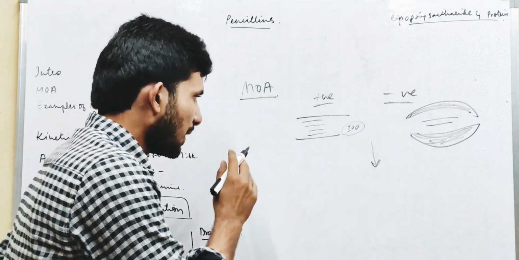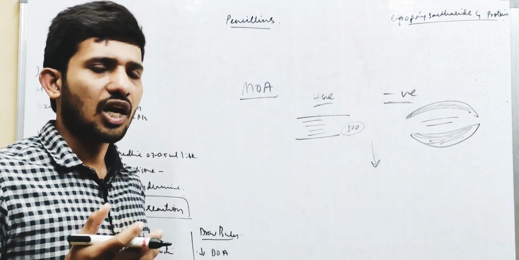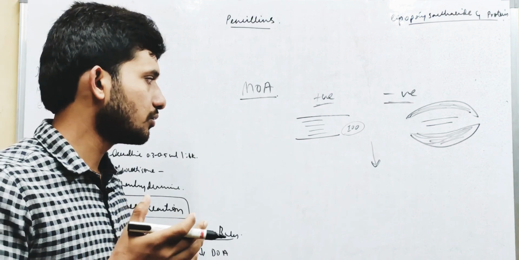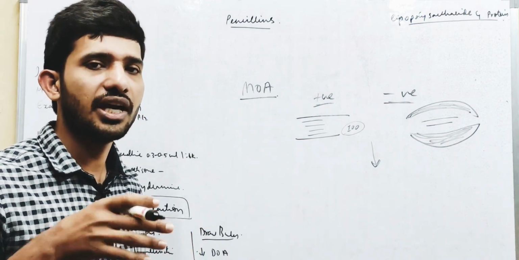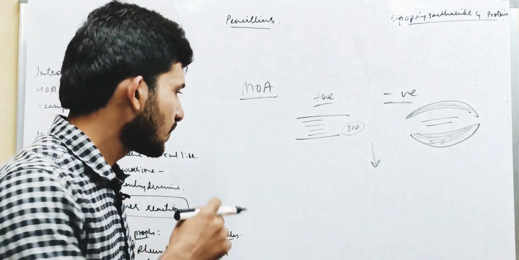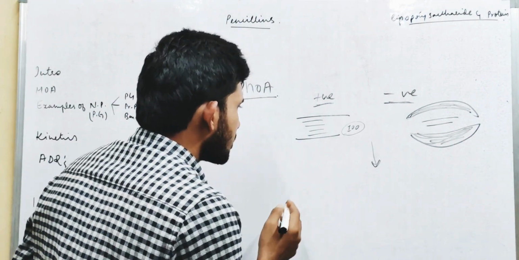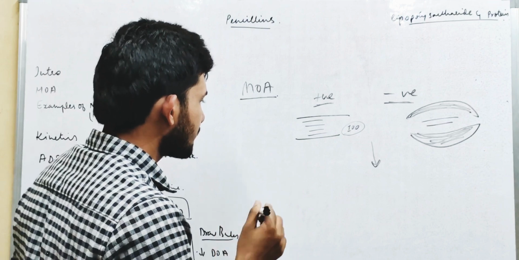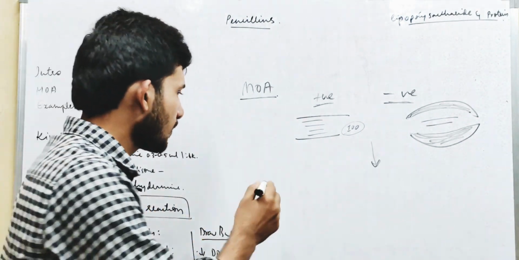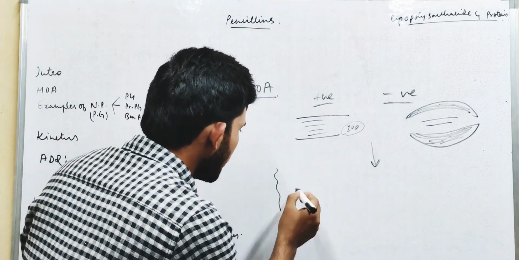Not only penicillins, all beta-lactam antibiotics act by destroying the cell wall. So they are cell wall synthesis inhibitors. Let us understand the mode of action of penicillins. In gram-positive bacteria, the cell wall is made up of peptidoglycan layers.